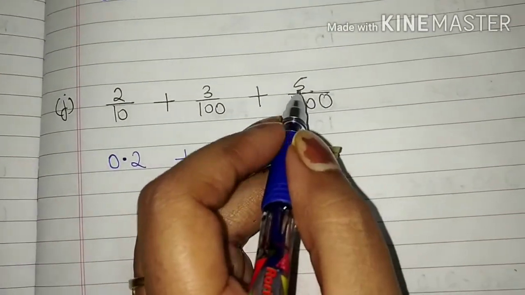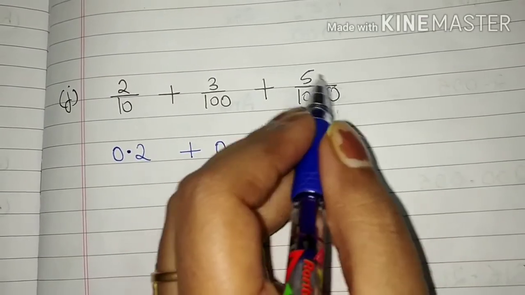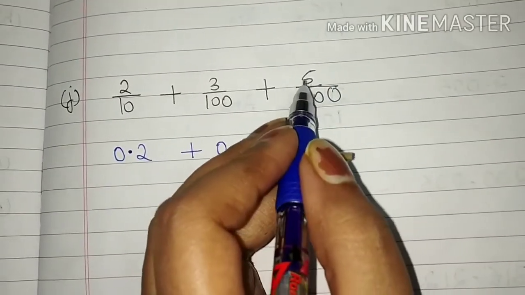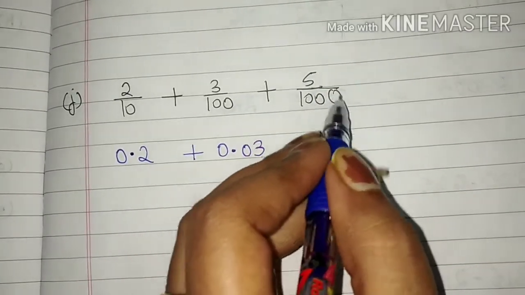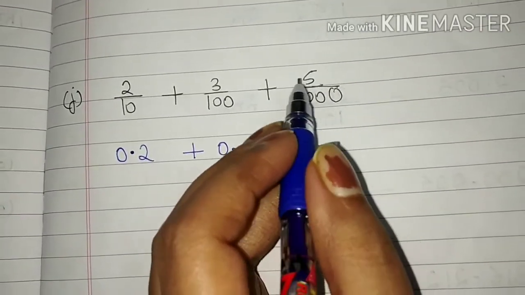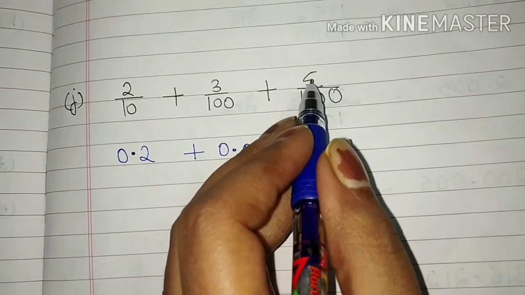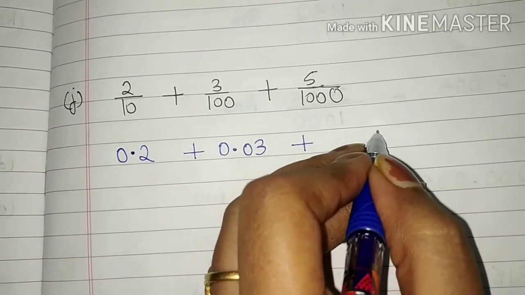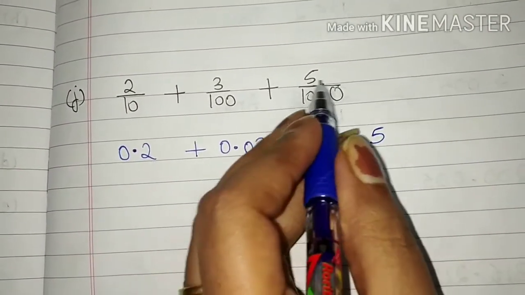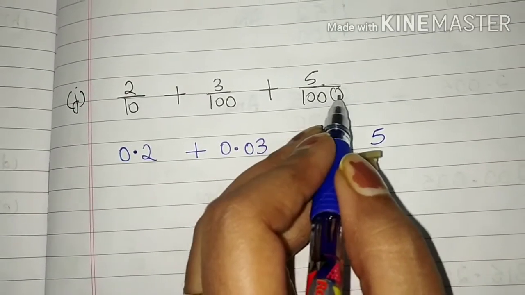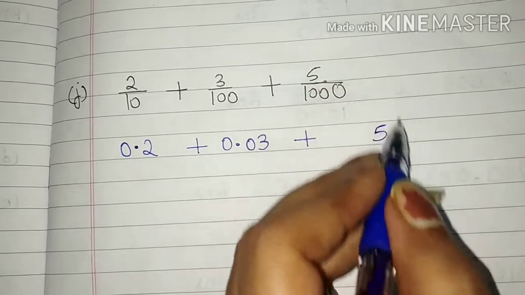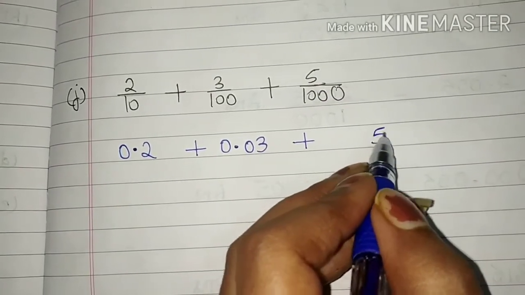Again, we will convert 5 by 1000 into decimal. Students, you can see here numerator is 5 and denominator is 1000. So first of all, we will write the numerator, that is 5 here. After that, we will count the number of zeros in the denominator. Students, you can see here 0 is written 3 times. So we will come to the numerator, that is 5 here.